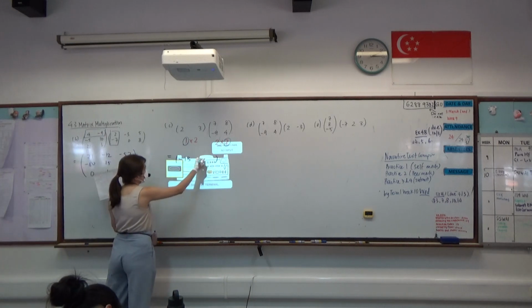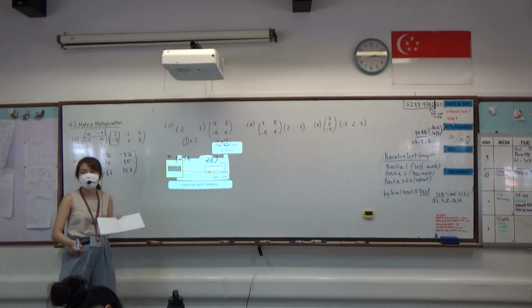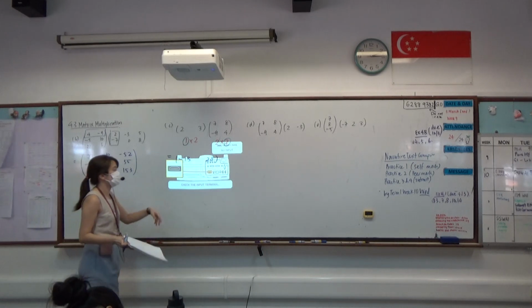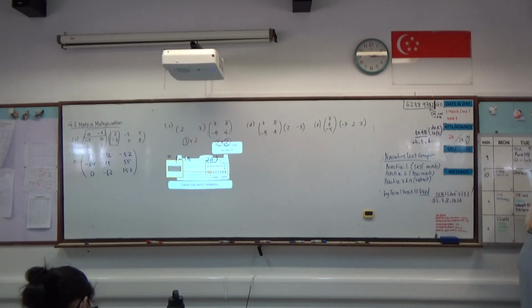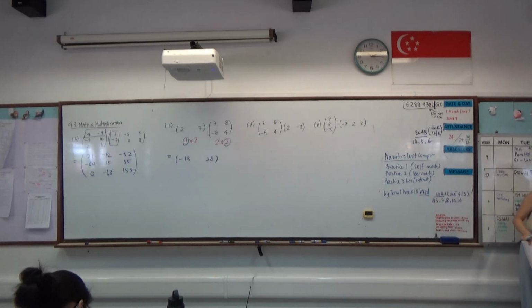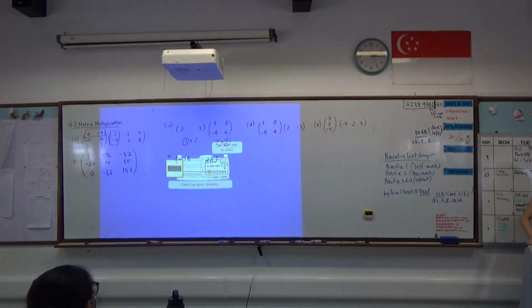Do we all get that? Okay, negative 13 and 28. Sorry, this thing is blocking. So I'm trying to prepare a visualizer for it.